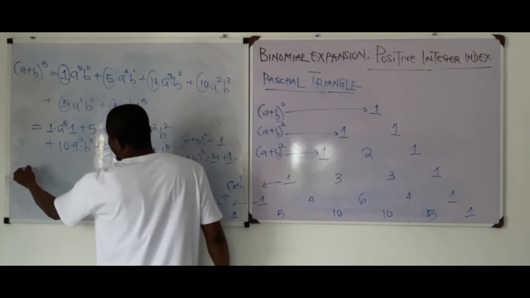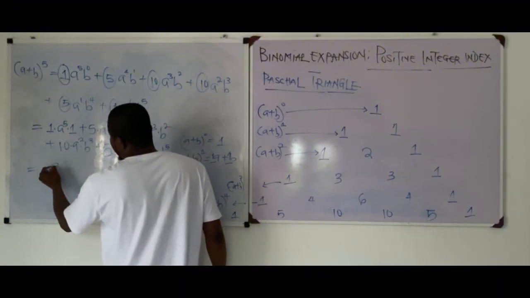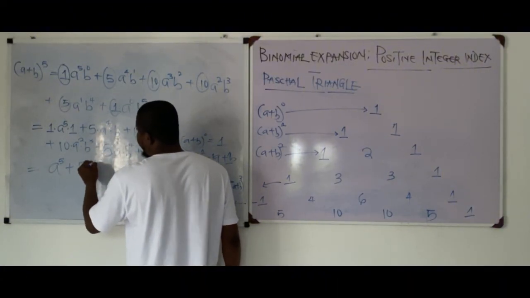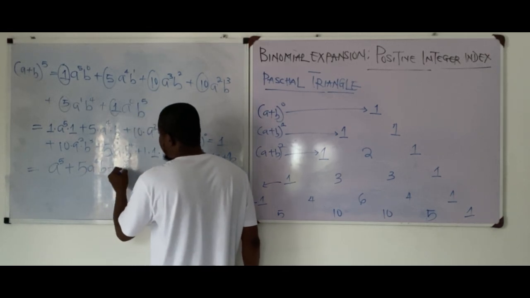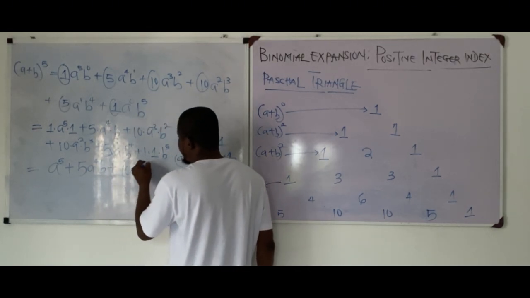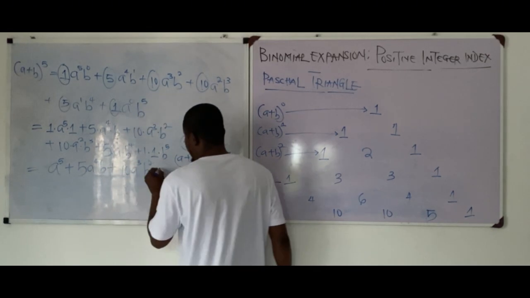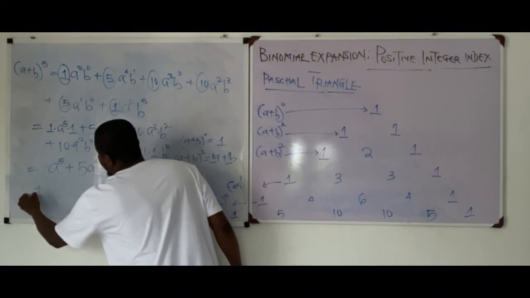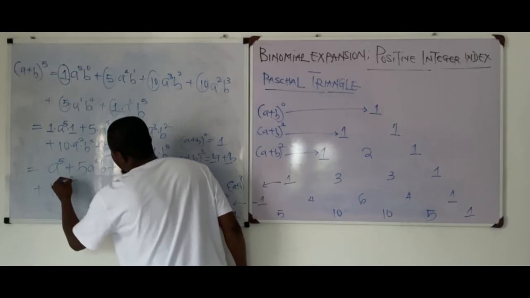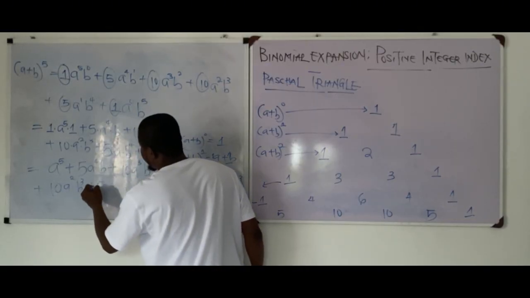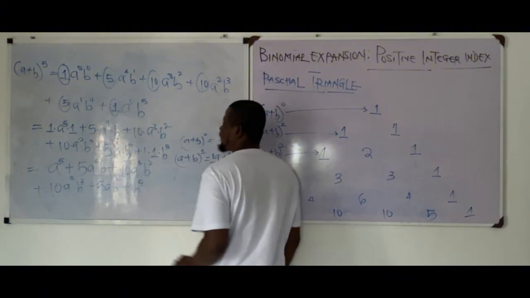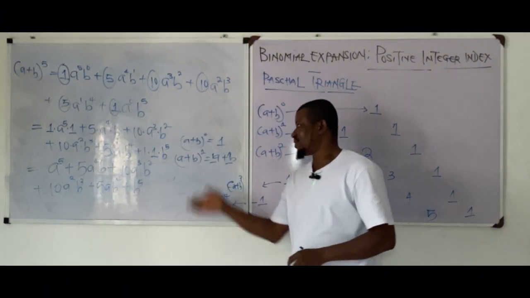I can now simplify this. If I simplify all of this, I have a to power 5 plus 5a^4b plus 10a^3b^2 plus 10a^2b^3 plus 5ab^4 plus b^5. Okay, that's just the expansion of that.